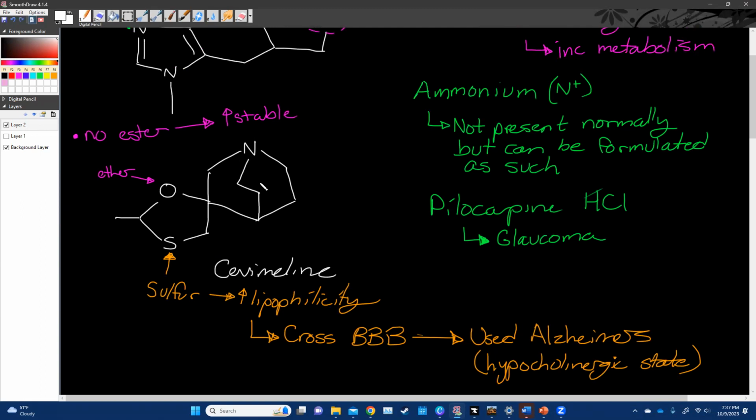Couple of questions for you. Of the muscarinic agonists, which one is going to have the most systemic effects? Cevimeline. Exactly. Why? Because it is most lipophilic and it's even able to get into the brain.